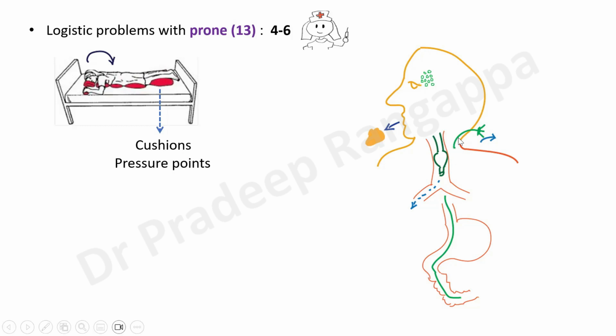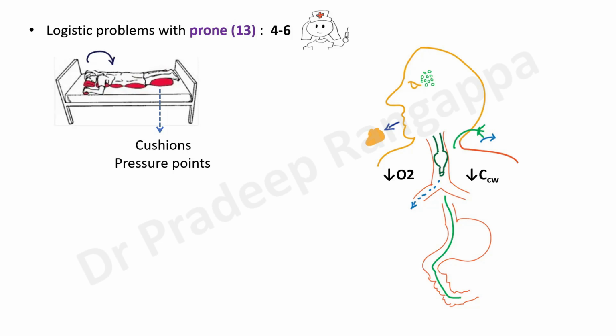If we do not take care of all 8 steps of proning, there can be dislodgement of certain CVC catheters or arterial lines. There can be displacement or migration of the ET tubes, migration of the Ryle's tube, and so on and so forth. These are some of the complications that we do see in proning, and these need to be looked at.